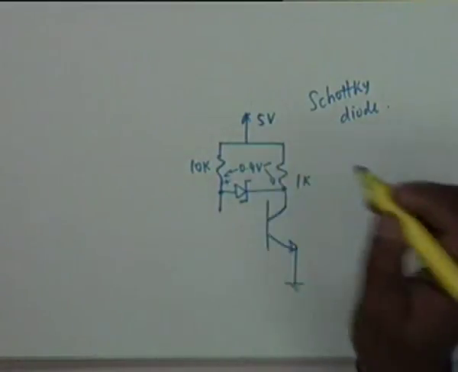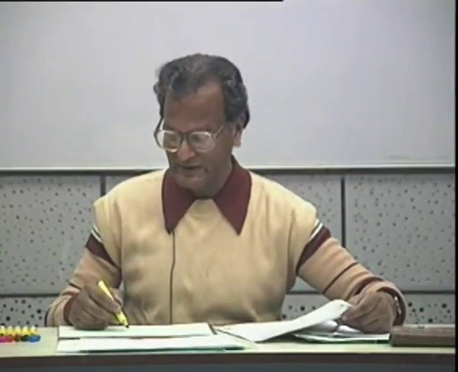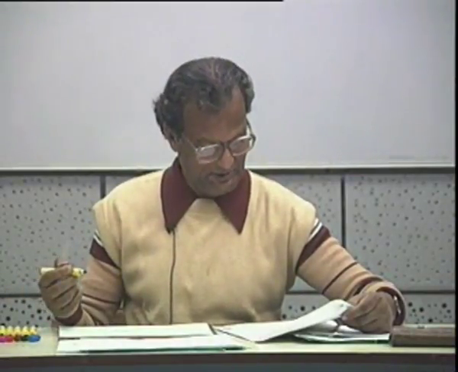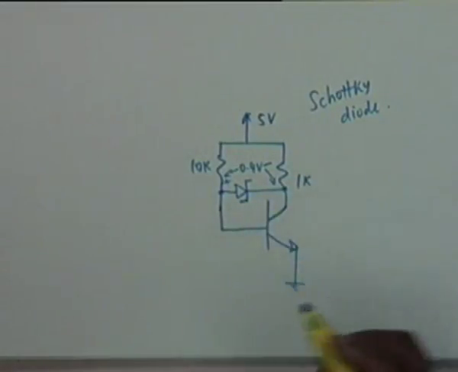Unlike the ordinary diodes, which have cut-in 0.5 in the active region, saturation 0.8, and so forth, the Schottky diode is approximately 0.4 volt, and this is connected to the base.